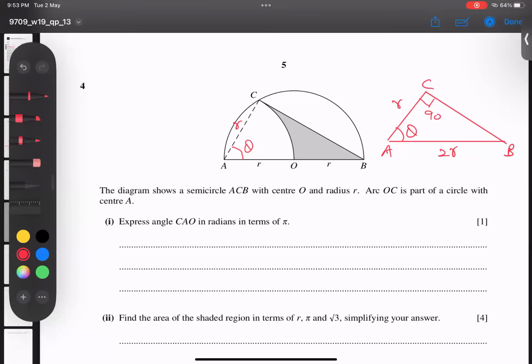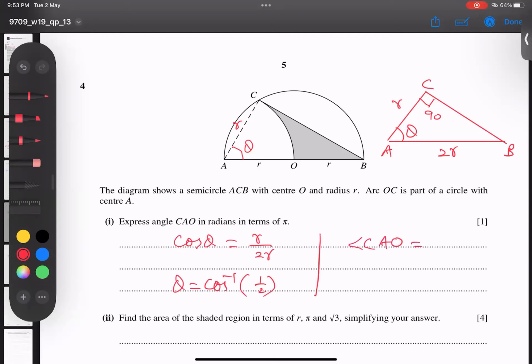Now in front of the angle, this is called the hypotenuse. This is opposite, this is adjacent. So you know, adjacent by hypotenuse is called cos theta. So I'm finding here cos theta is adjacent by hypotenuse. And theta is equal to cos inverse of 1/2. And this is angle CAO.